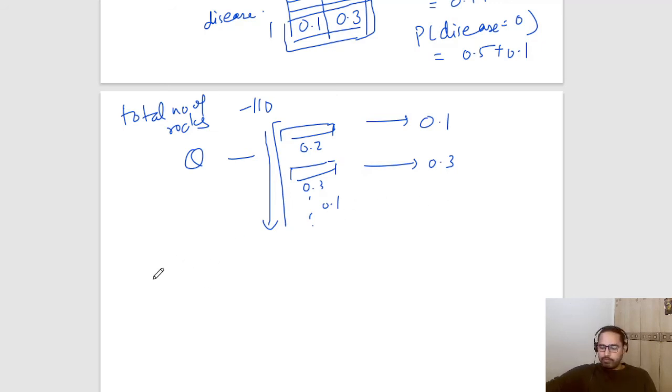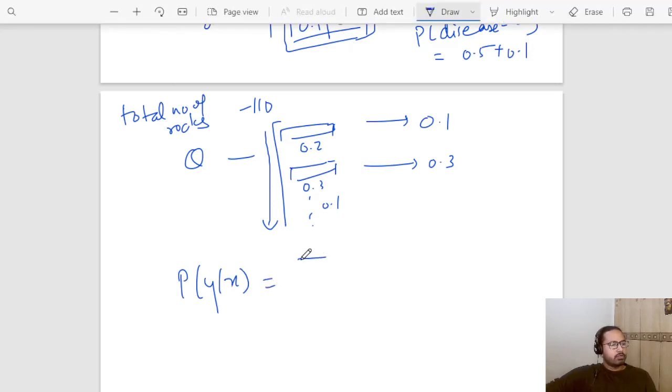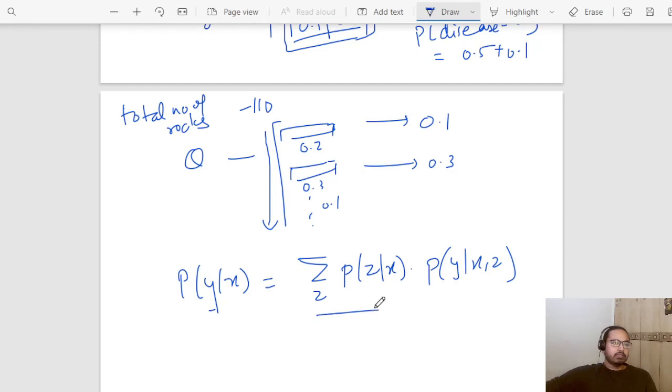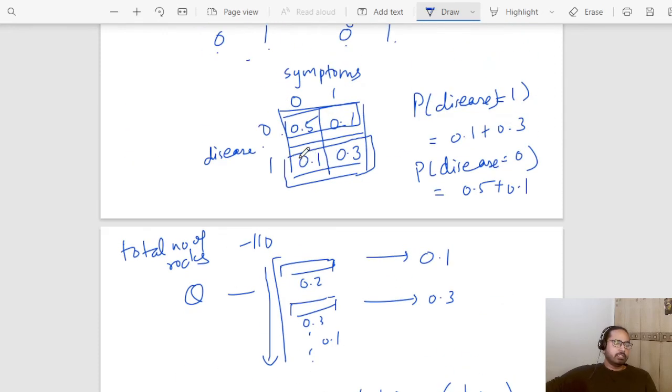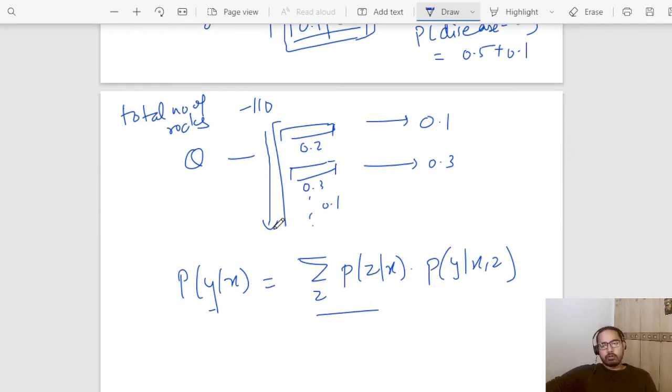If we remember the OpenQA formulation, the probability of a final string y given an input x is the summation over all the retrieved documents z of the probability of z given x, times the probability of the final answer string y given x and z. So what we are doing here, similarly to how we marginalized over symptoms for disease equal to 1, is also marginalizing over all the documents. This gives us, from different documents, the probability of finally getting the answer equal to 110.